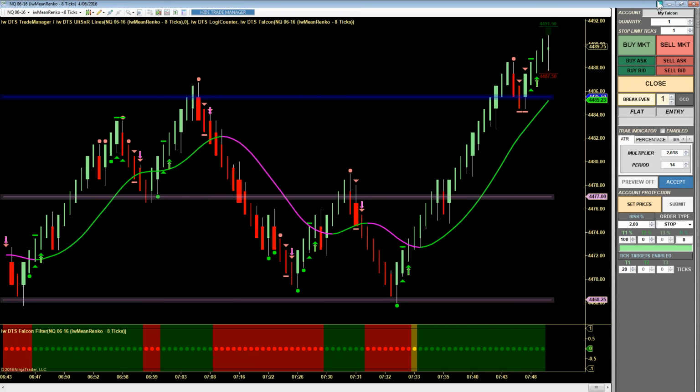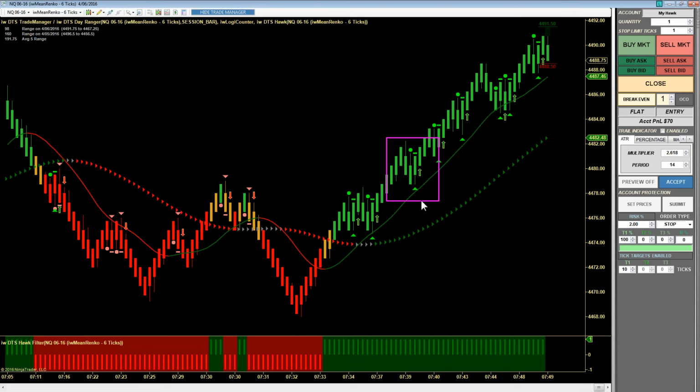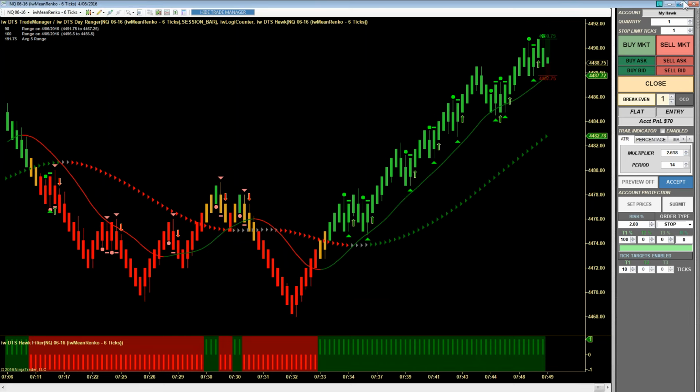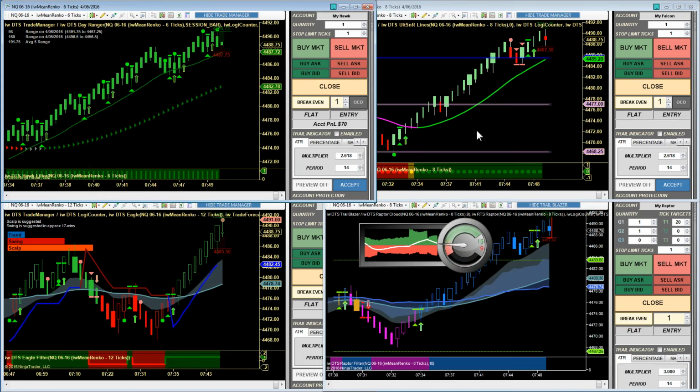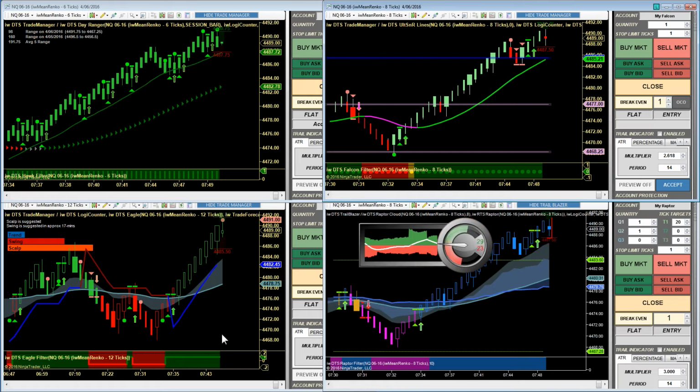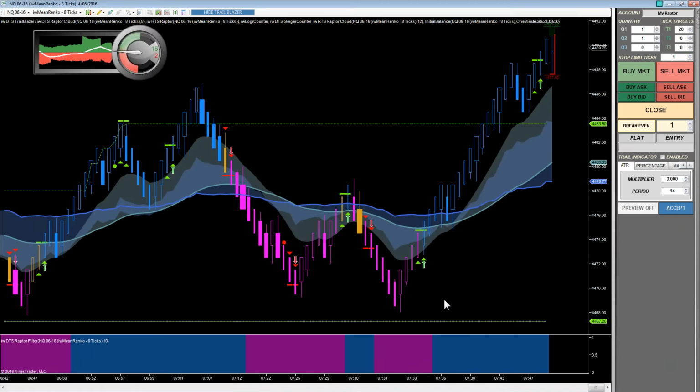Even though the Falcon wasn't printing, we got a very clear first micro macro cross signal right here on the hawk. So even though the Falcon not printing that signal doesn't mean that you missed that trade, which is what tends to happen with most people.